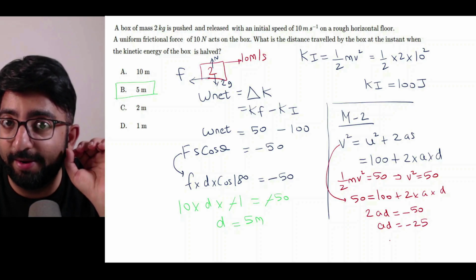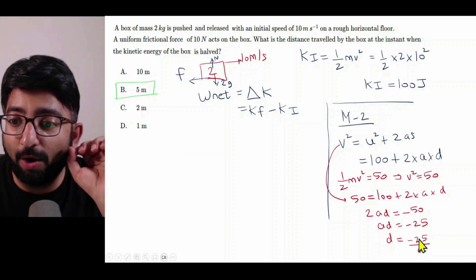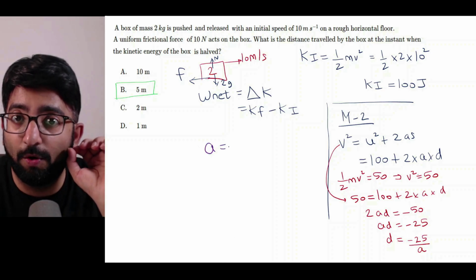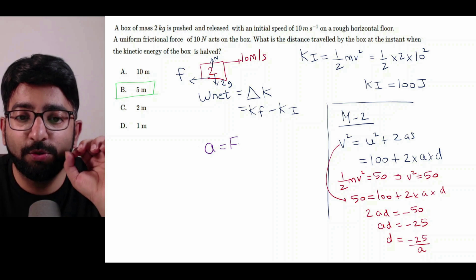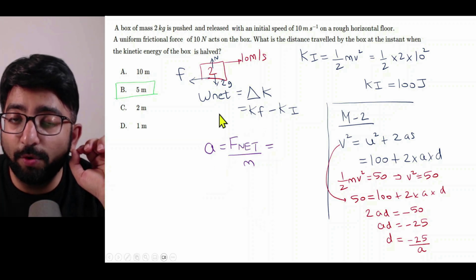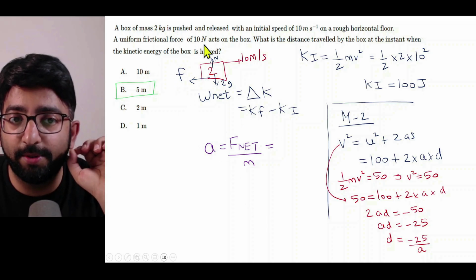And since we have to find the distance d, let's make d the subject. We will get negative 25 divided by acceleration. And how do we find this value of acceleration? We are going to use Newton's second law, which is F equals ma. So acceleration will be the net force divided by m. Net force acting on this object is only friction, which is 10 newtons in magnitude.